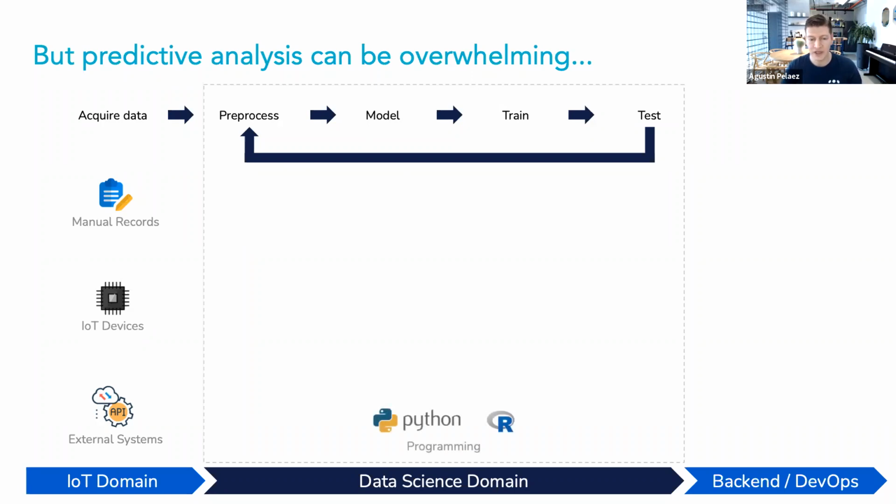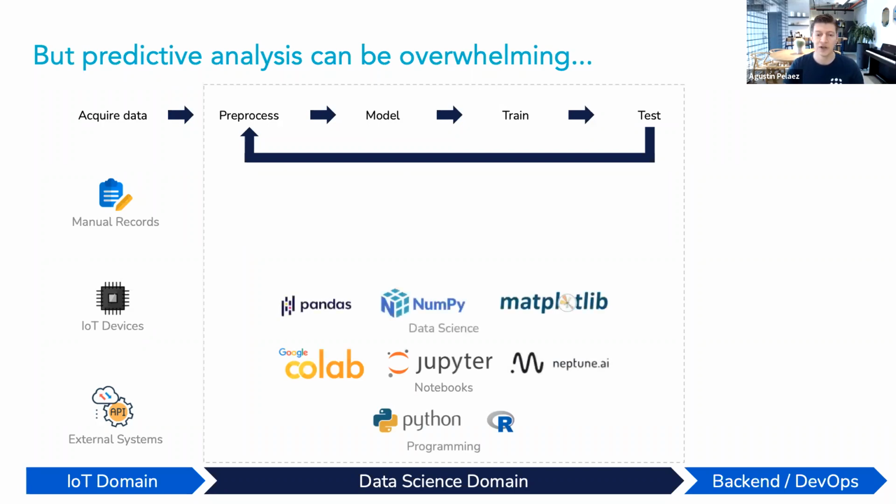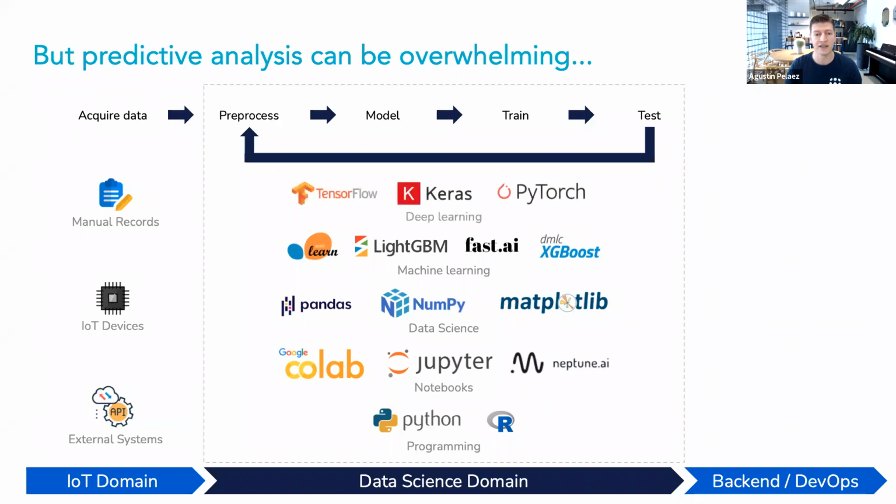So to get a sense of that ecosystem, all the way from available programming languages to note-taking tools to test those models, libraries in Python, in this case, to manipulate data, not exactly machine learning, and then the machine learning libraries that are out there. I'm sure there are more, by the way. This is just an initial research that I did.